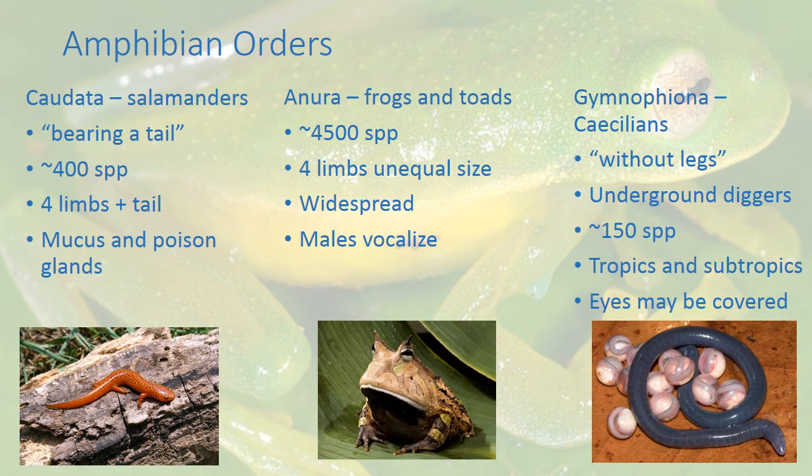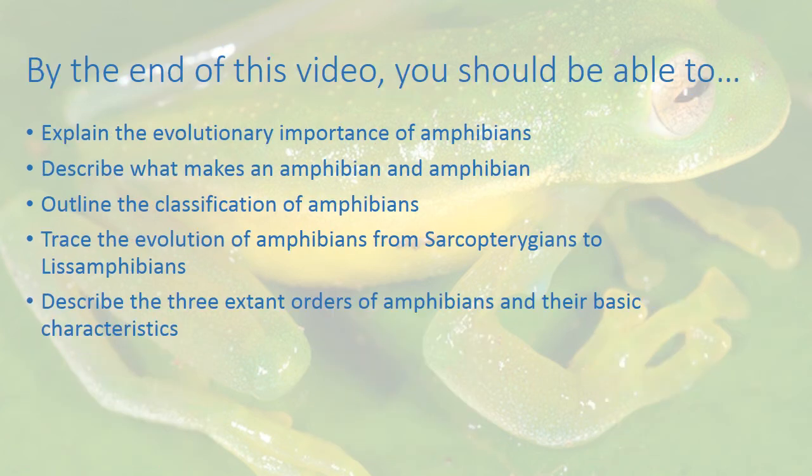They're diggers, and they live mainly in the subtropics and tropics, about 150 species, and you can see here a lot of times you don't even see their eyes. That's something that's become more kind of vestigial for them because they live underground, and so the need for sharp eyesight is diminished. So make sure you go back and you have notes on each of these points.